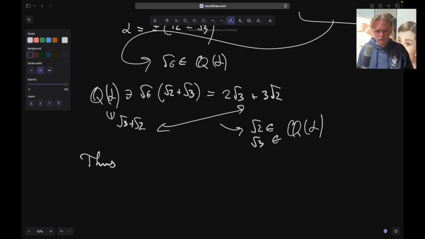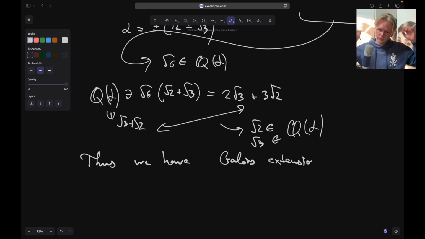So it's very simple. Usually you see this in the second semester of your algebra program at university. You should see this. And now the question is about what is the Galois group of this extension.